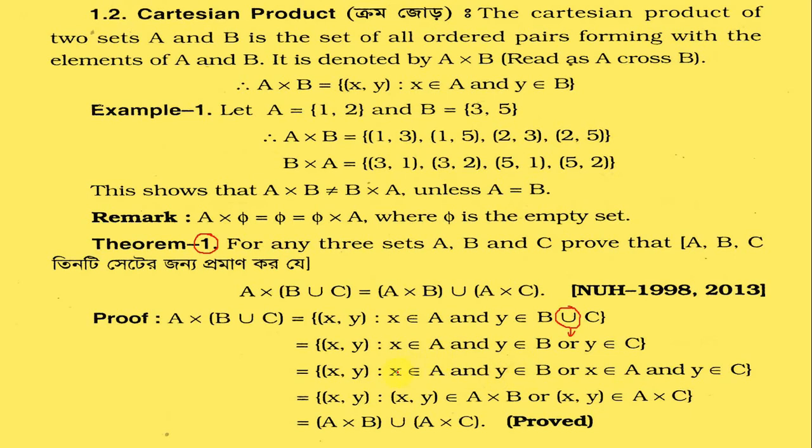So {(x, y) such that x belongs to A and y belongs to B, or x belongs to A and y belongs to C}. We can write the term as (x, y) belongs to A cross B or (x, y) belongs to A cross C. Now we can convert the or to union, so the proof is completed. I hope all of my students understood this proof.